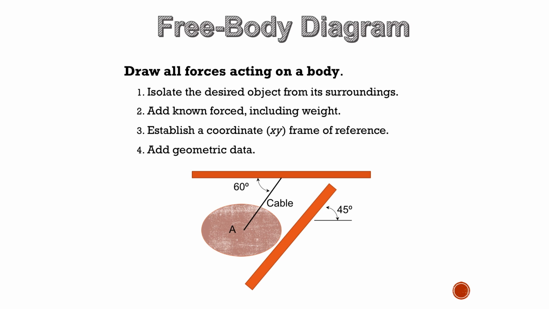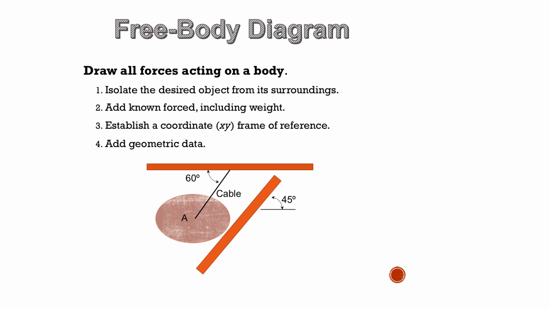Okay, so now the question asks you to draw all the forces acting on the body, and then you just resolve the forces. So the directions of the forces for this one, I draw it first.